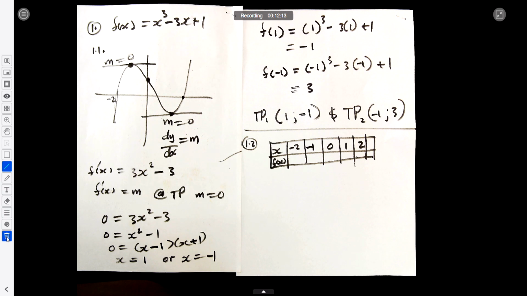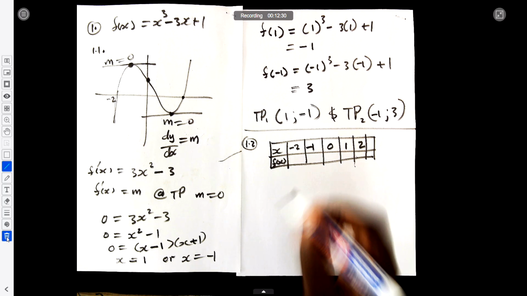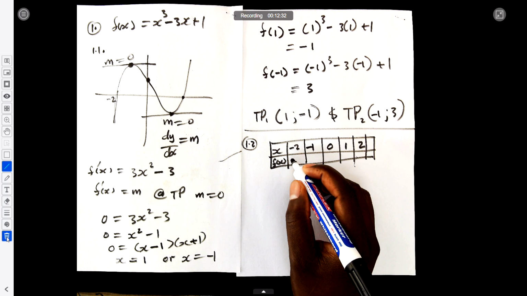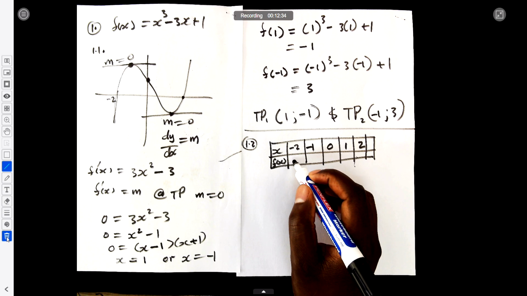It says start, say negative 2, equals. Then it says end at 2, equals. And then step 1 unit, equals. So it gives us all the values. So at x equals negative 2, what is y?